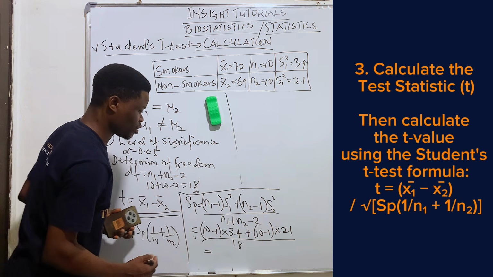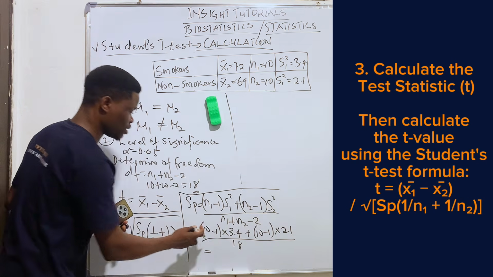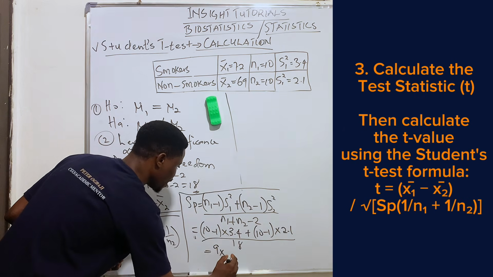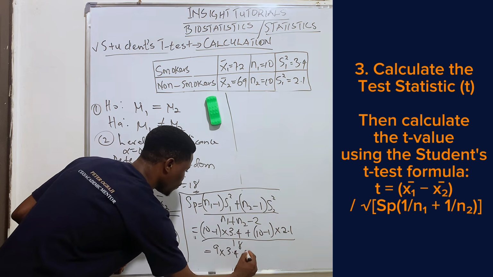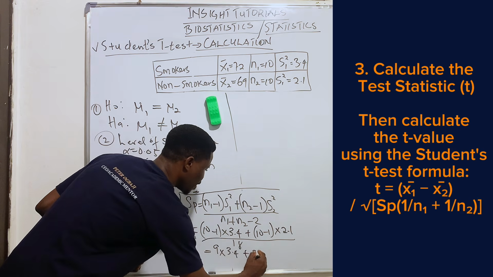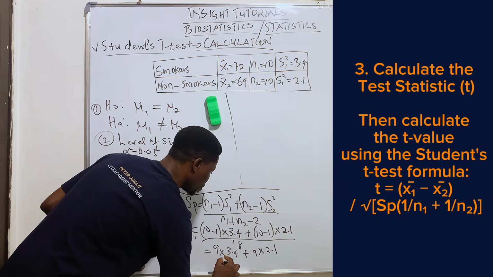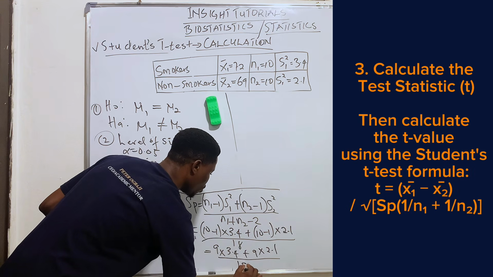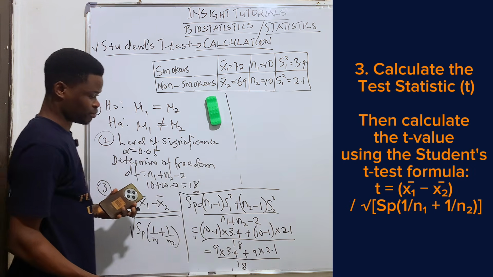Now, in continuity, we're going to have 9 times 3.4 plus 9 times 2.1, all over 18.